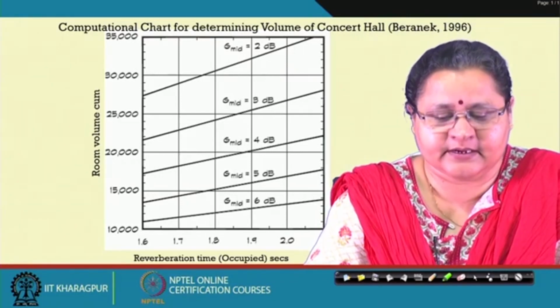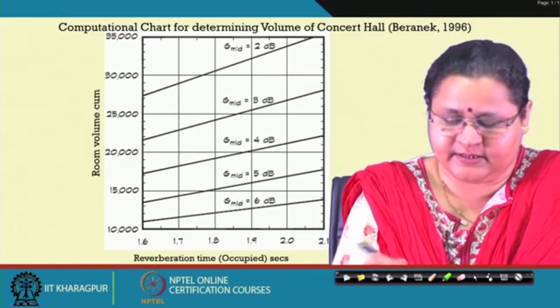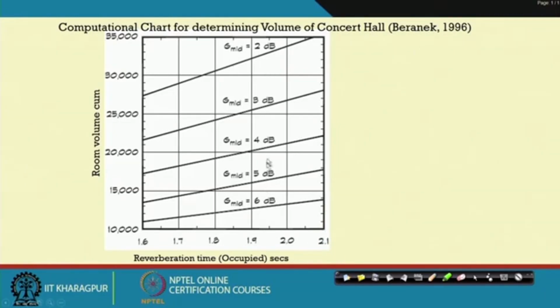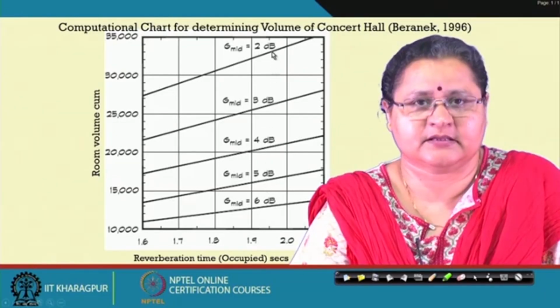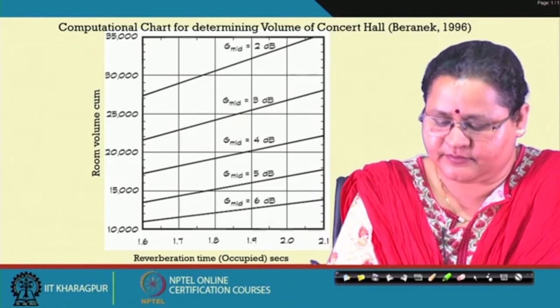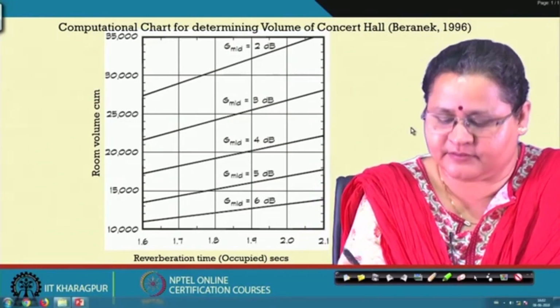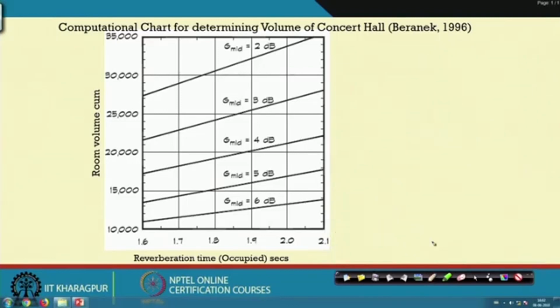And there are certain lines which you can see here for different gains, that is room gains, and in the G you see it is written mid. We have G low also, but we go by the G mid, that is room gain at 250 hertz and 500 hertz.